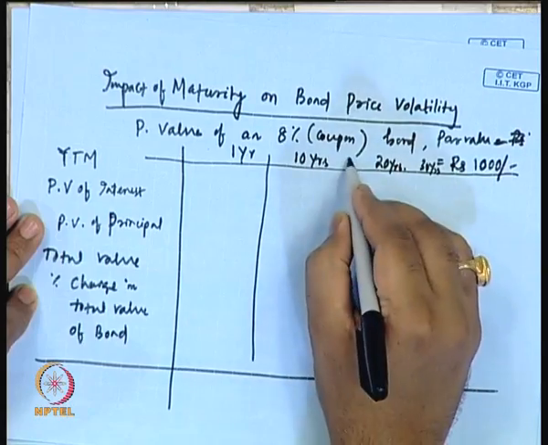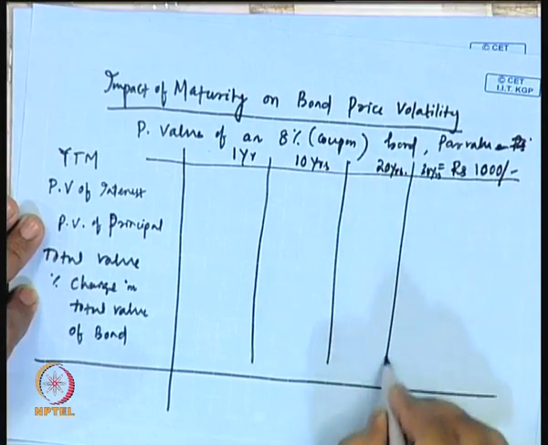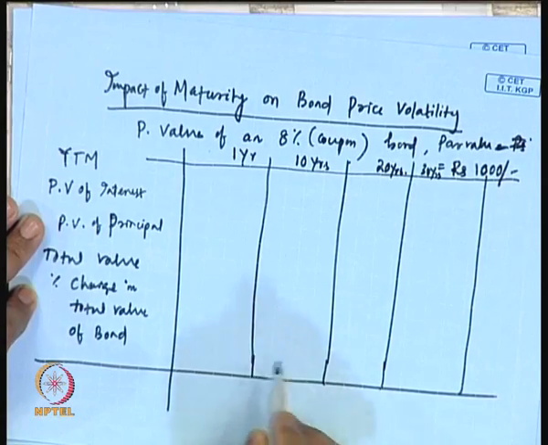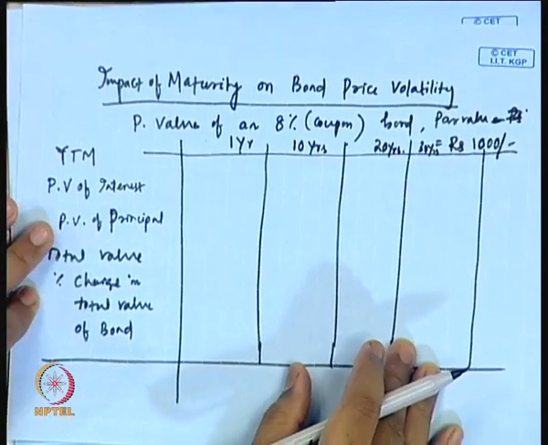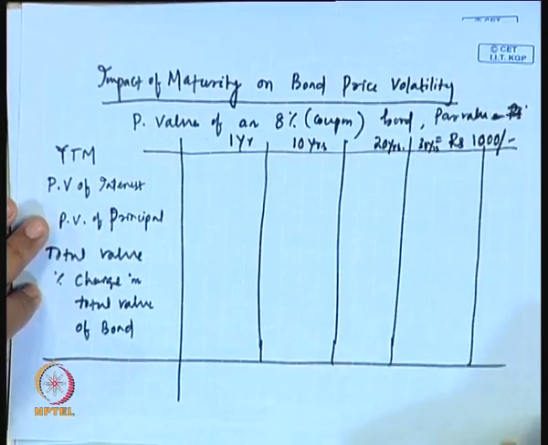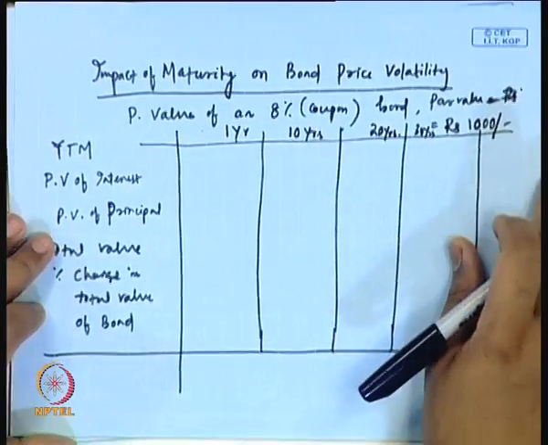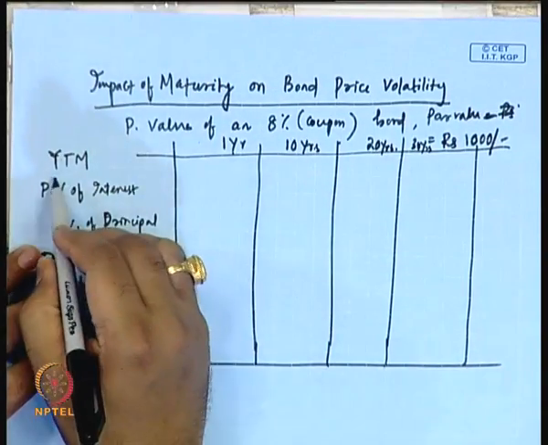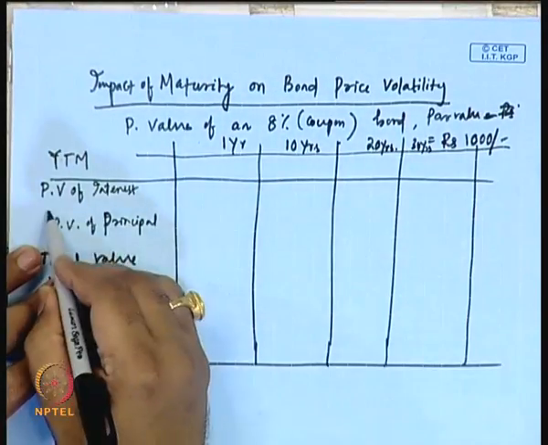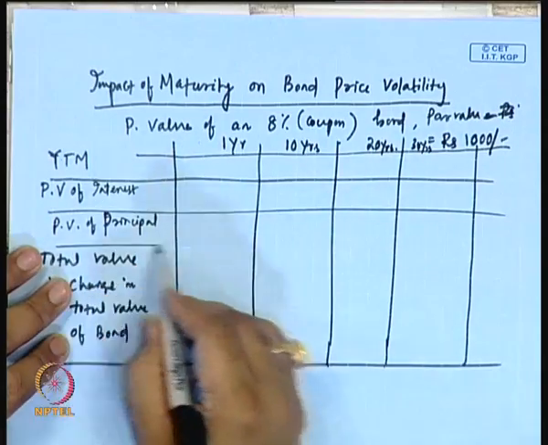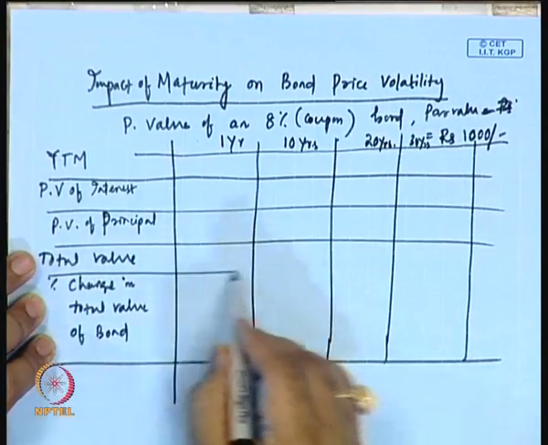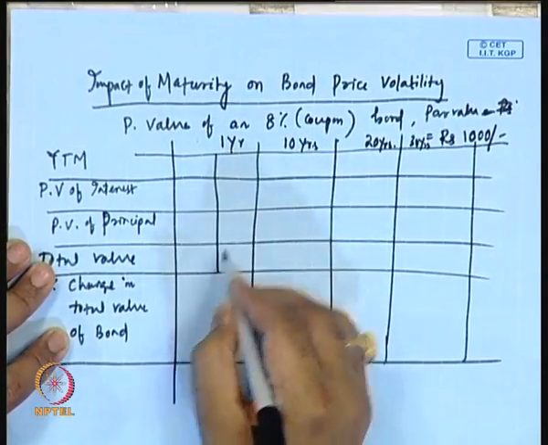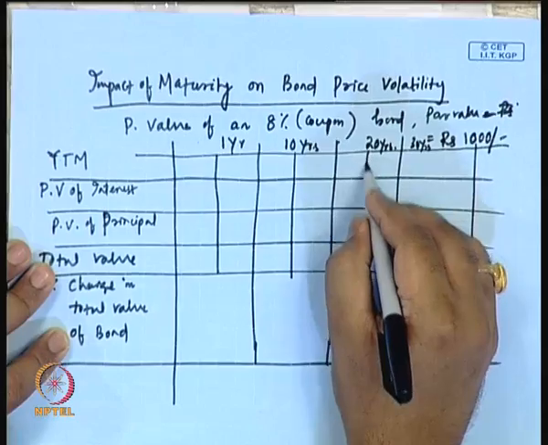You have different bonds available, and you have to calculate how this affects the pricing. For each case we can take two different yields to maturity.